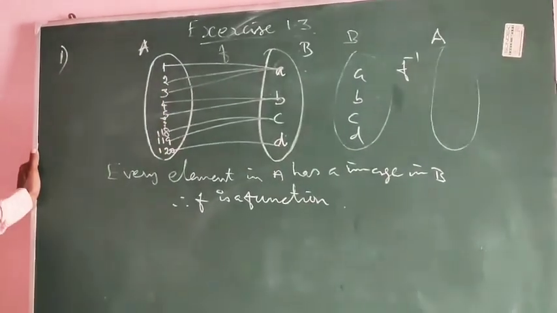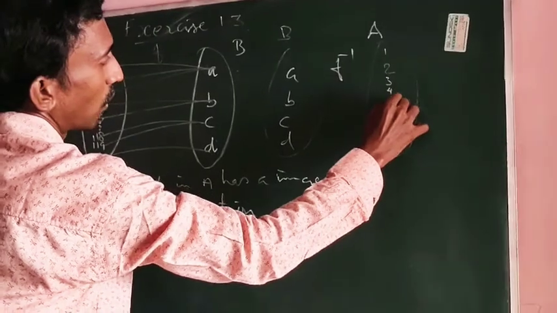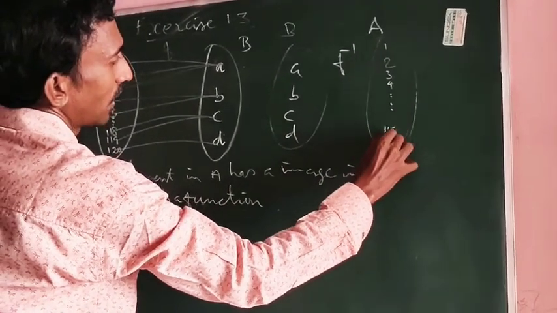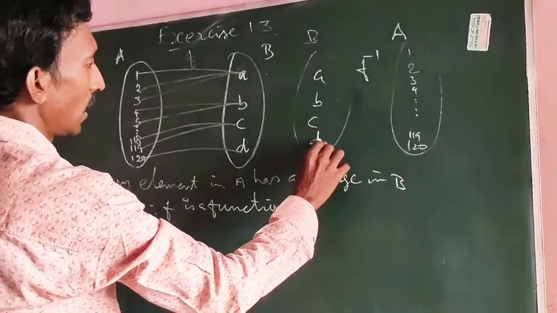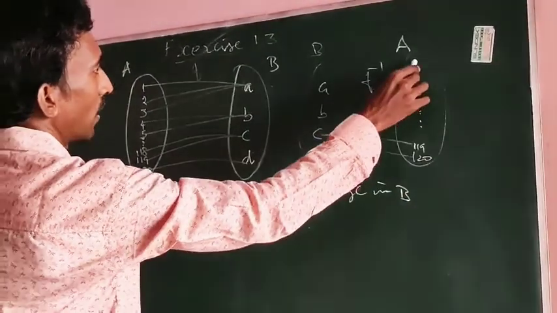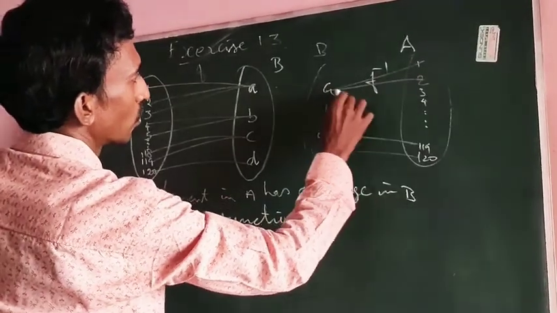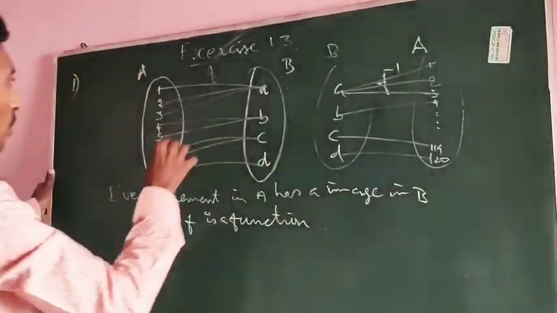Imagine the same condition. So 1, 2, 3, 4, etc., 119, 120. So it is D to 120. It is C and 1, 2. So B. Likewise.